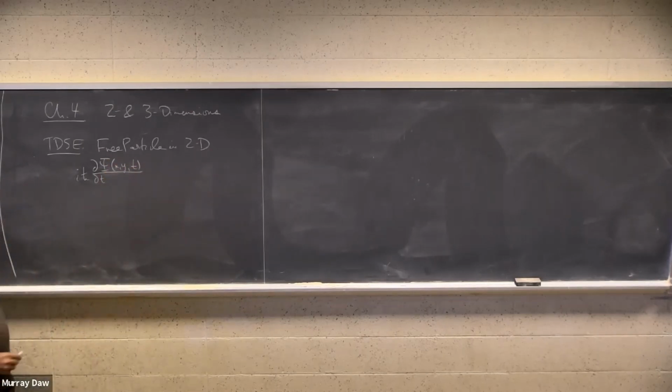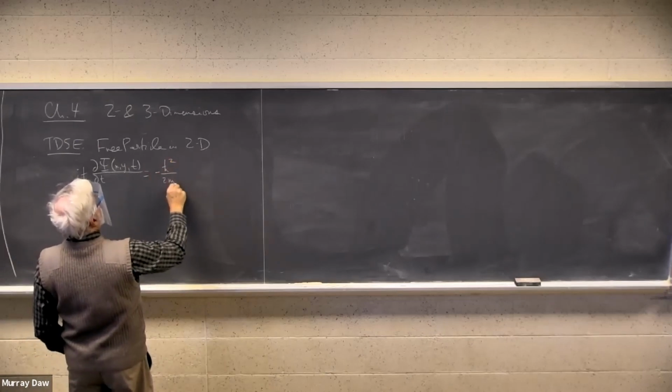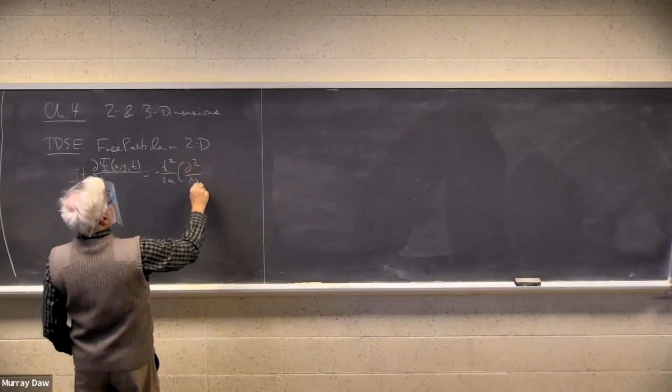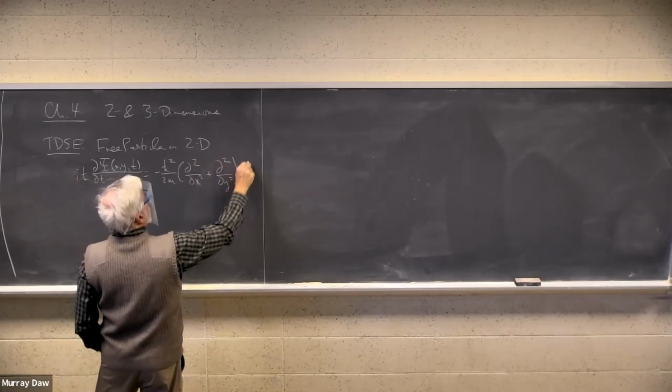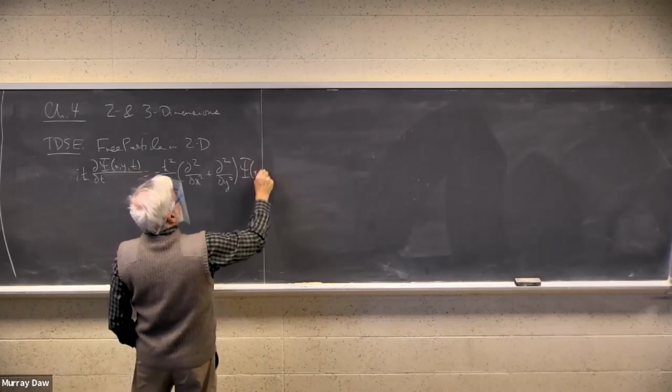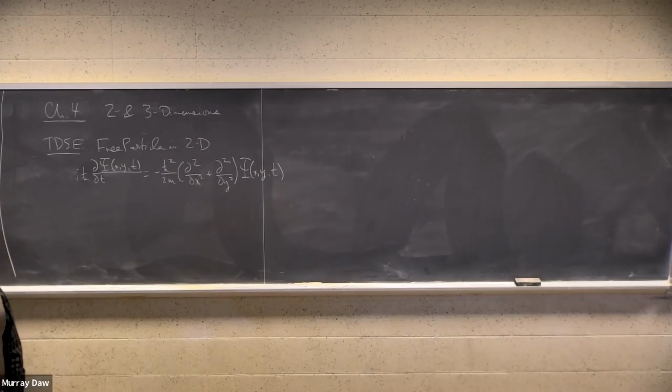And so let's begin by writing it down in Cartesian coordinates, and we'll see that there are cases where we want to do something other than Cartesian. Here's an example. So the wave function is now a function of the 2 Cartesian coordinates and time. And so here is the time-dependent Schrodinger equation.